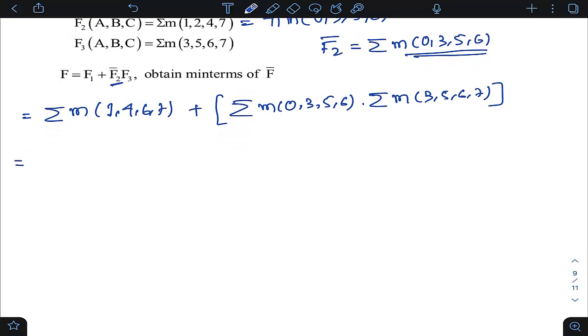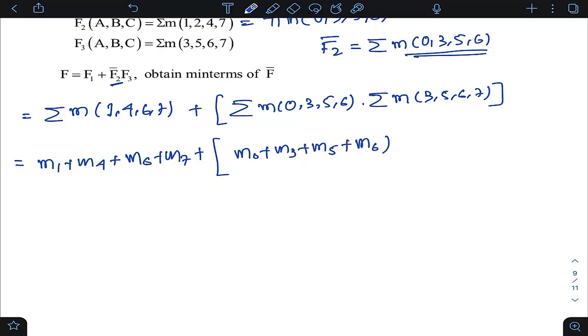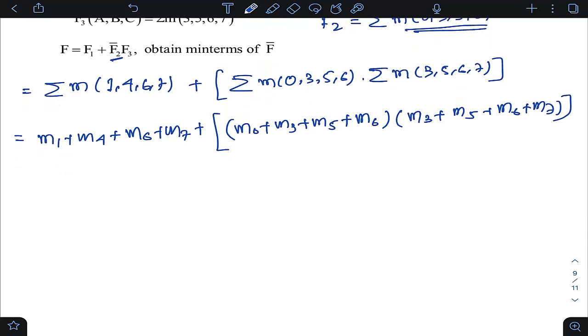So this is min term 1 plus min term 4 plus min term 6 plus min term 7, then you have min term 0 plus min term 3 plus min term 5 plus min term 6, ANDed with min term 3 plus min term 5 plus min term 6 plus min term 7.